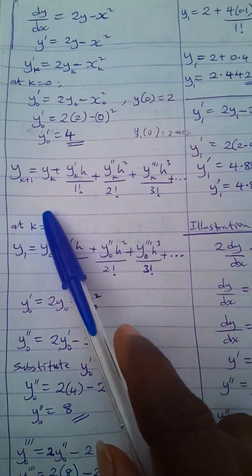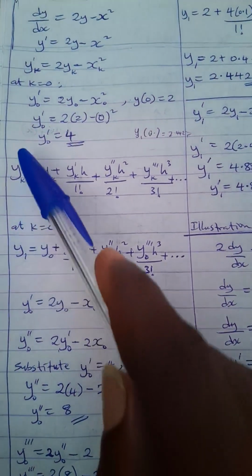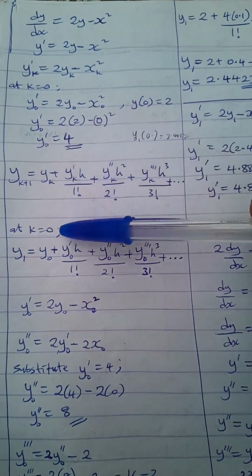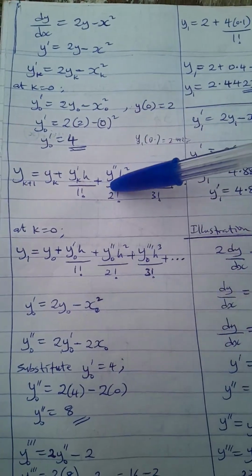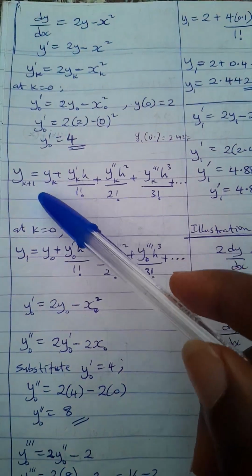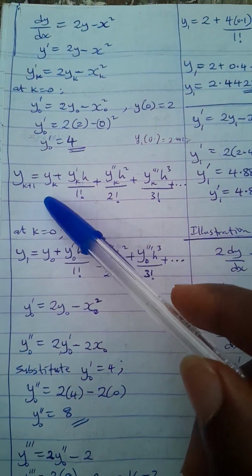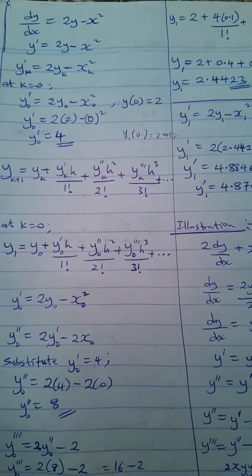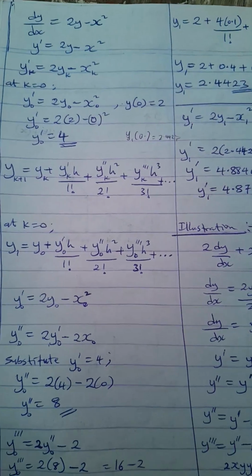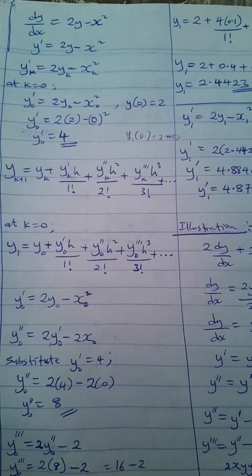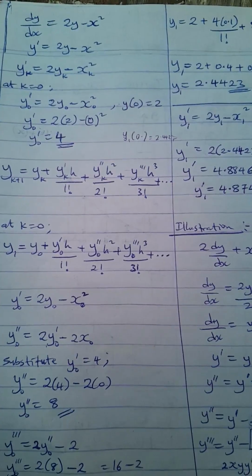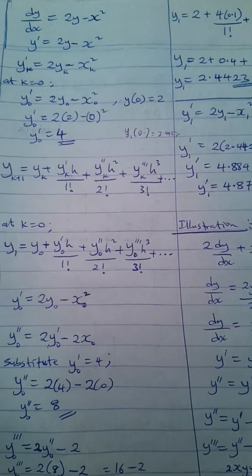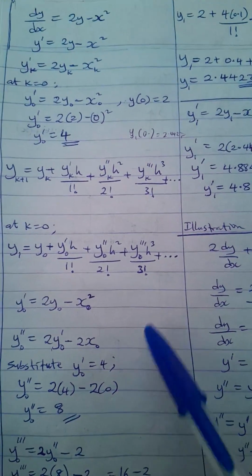Now let's assume that k increases by 1, like going from one point to another. It will now be y subscript k plus 1. In one of the equations that we did, for first order, second order, and so on, I said make sure you start from 0 for everything so that you avoid error.